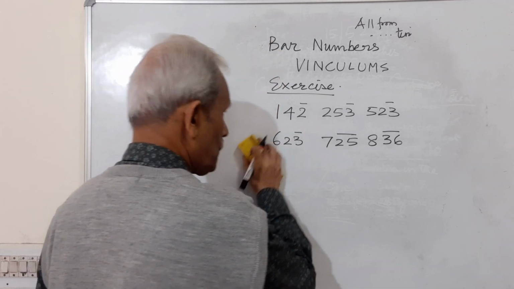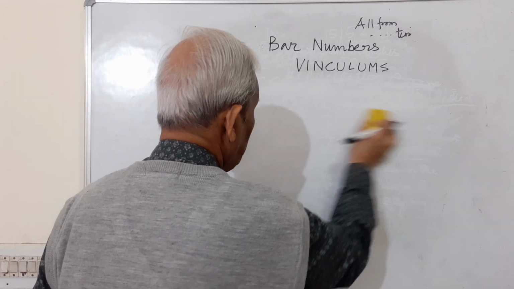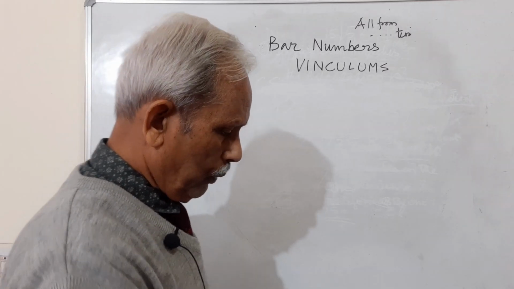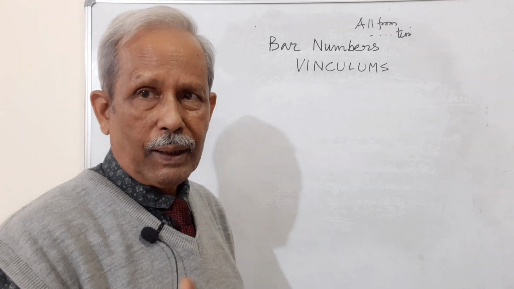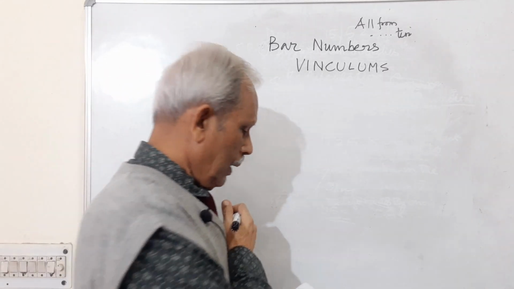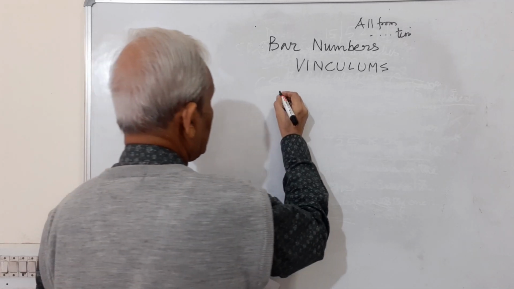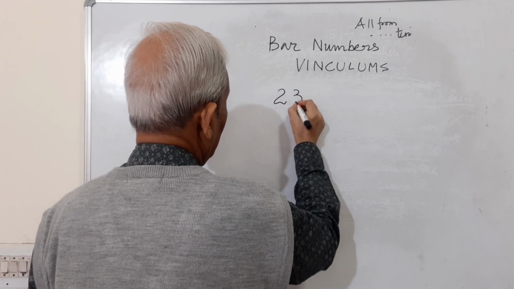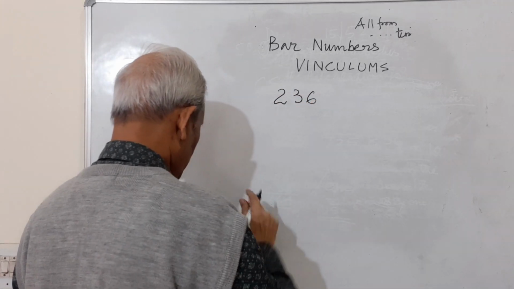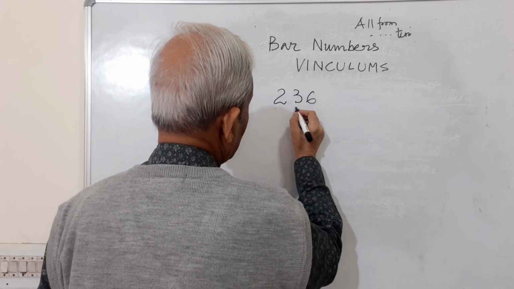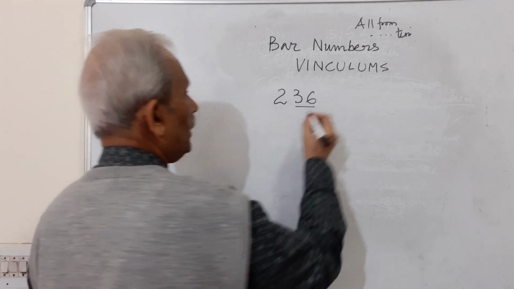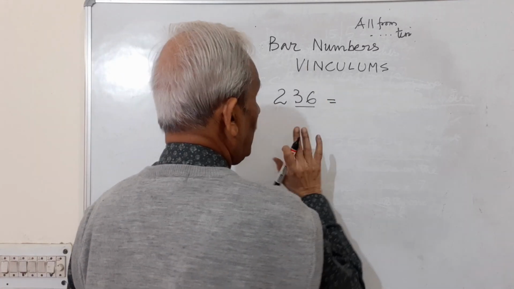Now what you are going to see is, in particular, how to vinculate more than one digit, as I was explaining right now. Just for your understanding, say 236, we want to vinculate both the numbers, 3 and 6. Then what will happen? All from 9, last from 10.